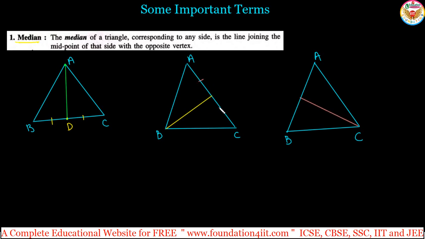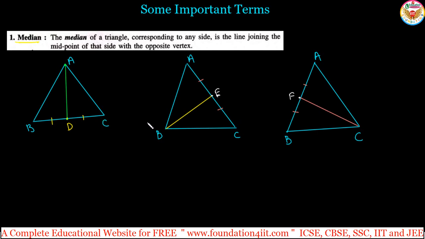These two are equal, and these two are the same. Let's name the midpoints E and F. So in the first diagram, AD is a median opposite to the side BC. Next in this diagram, BE is the median opposite to AC, and CF is the median opposite to AB, right?